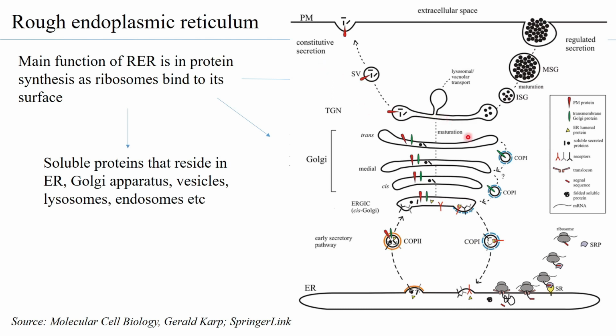But in some cases, the proteins are processed, made ready, but then they are stored in the vesicles in large amounts. And only when there is a cue or a signal do these vesicles get exocytosed through the membrane and release the proteins. So only when required, they are released. The best example for this is insulin.